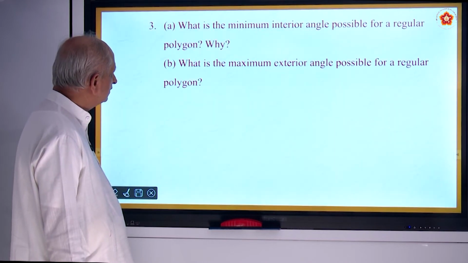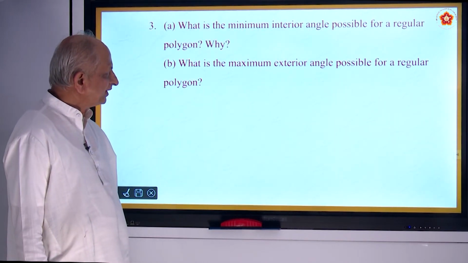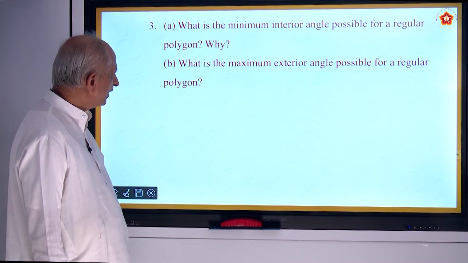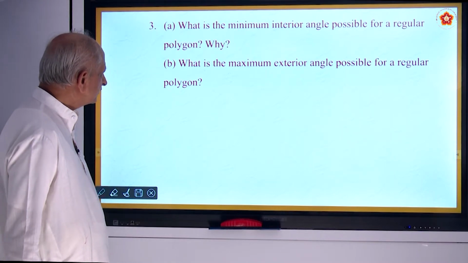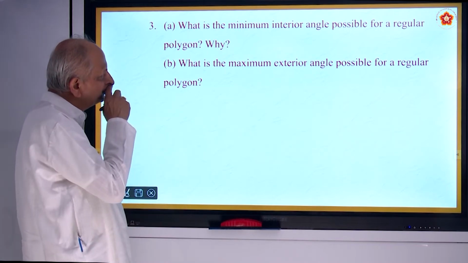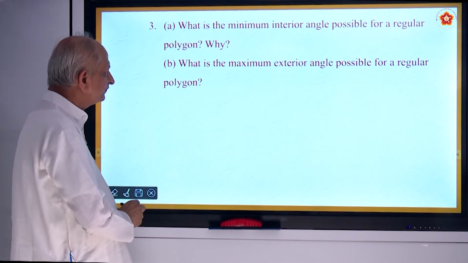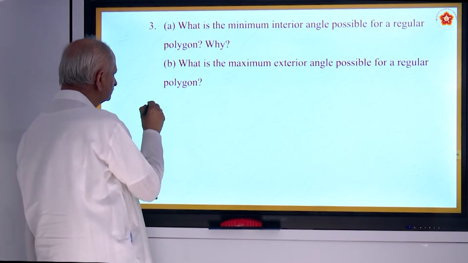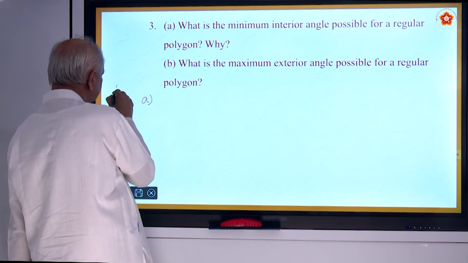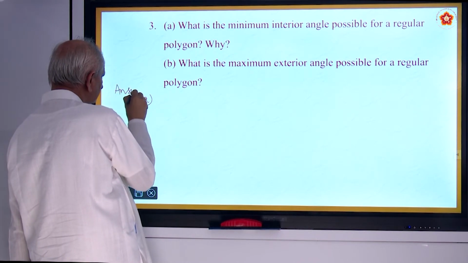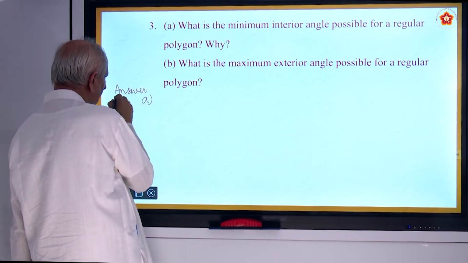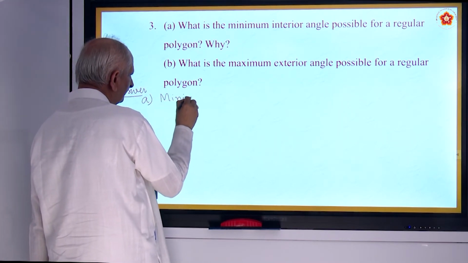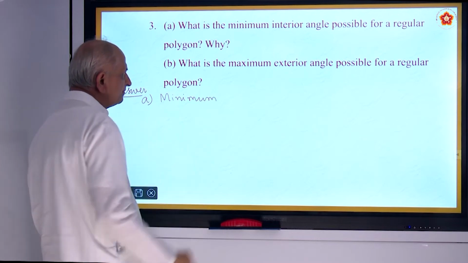Okay. What is the minimum interior angle possible for a regular polygon? Come on. Minimum interior angle is 60 degrees because it is a triangle. So the answer will be minimum interior angle.